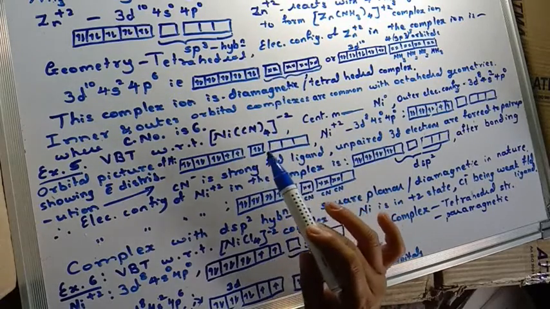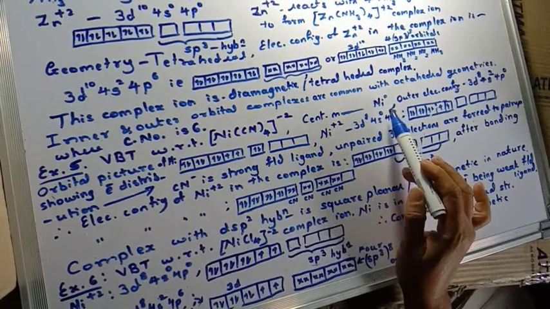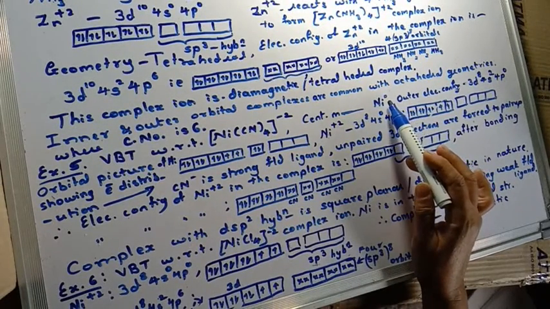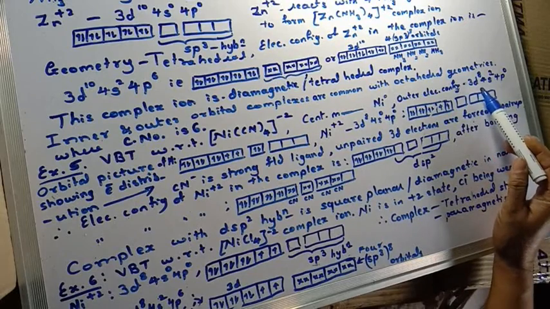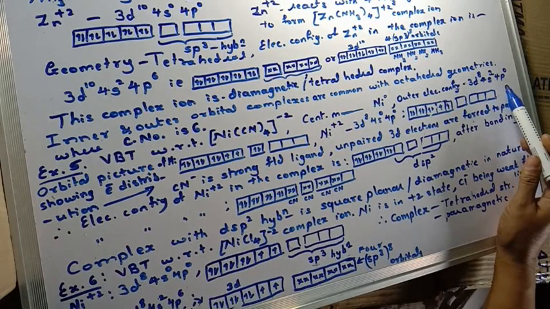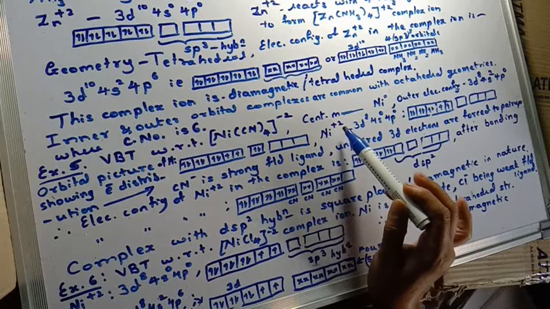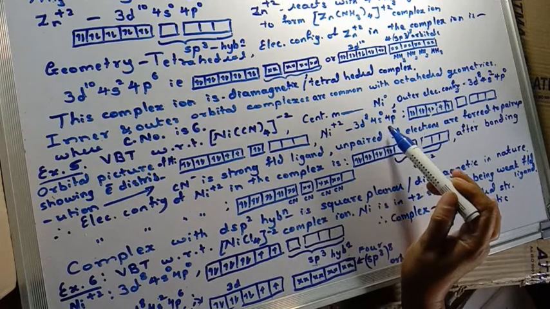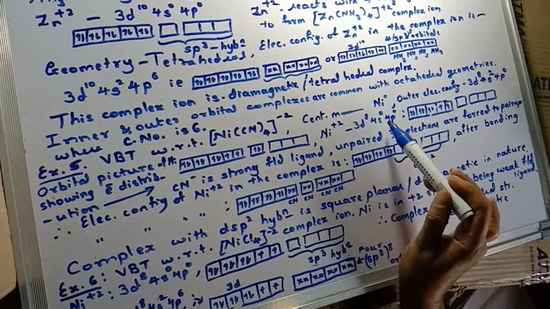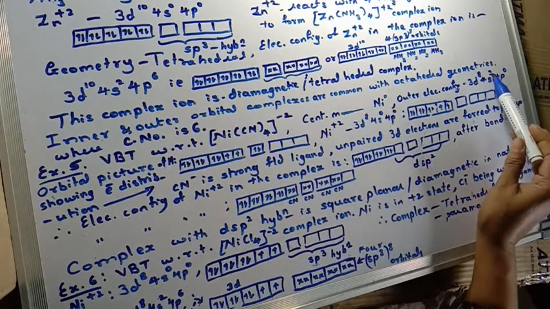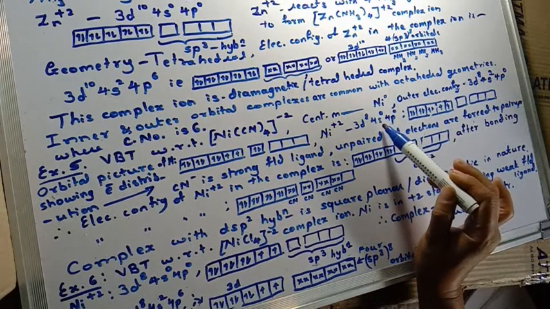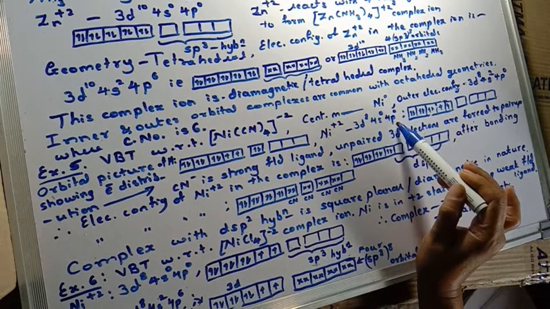Similar to the previous examples, here the central metal ion is nickel. In its ground state, its electronic configuration is 3d10 4s2 4p0. During the formation of the complex, nickel attains the +2 state, and its electronic configuration is 3d8 4s0, as the two 4s electrons are lost.